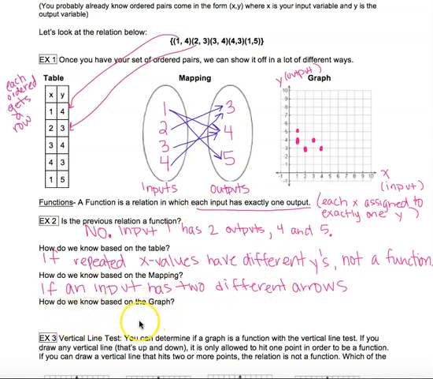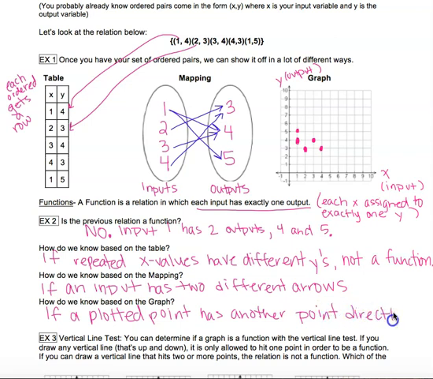How do we know based on the graph? On the graph, we know if a plotted point has another point directly above or below it.